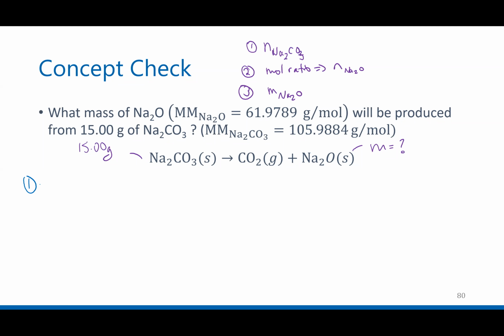All right, let's pick a new color. Step number 1. Now, I do have to write a little small here, guys, because I didn't save myself much room. So step number 1, find the moles of Na2CO3. That's easy. It's mass over molar mass. So 15 grams over the molar mass.